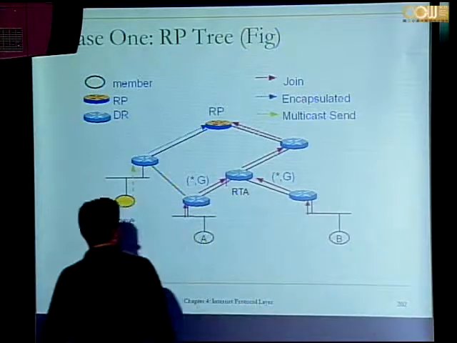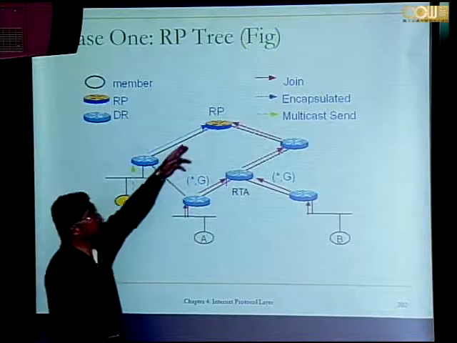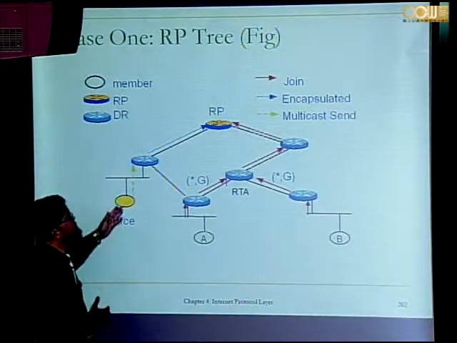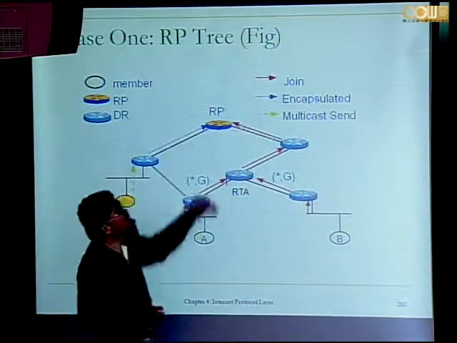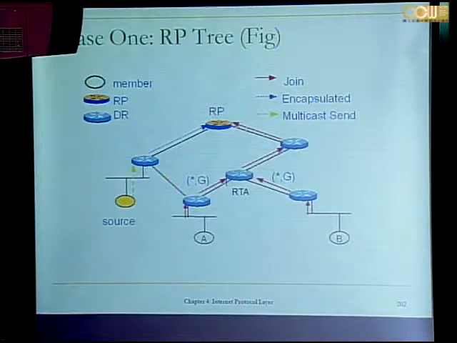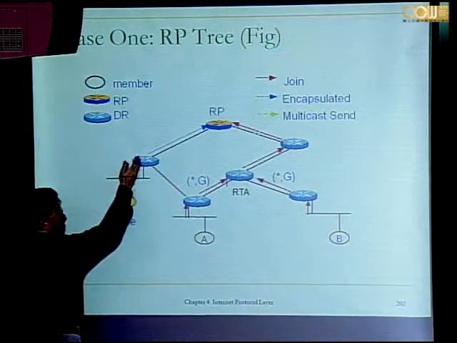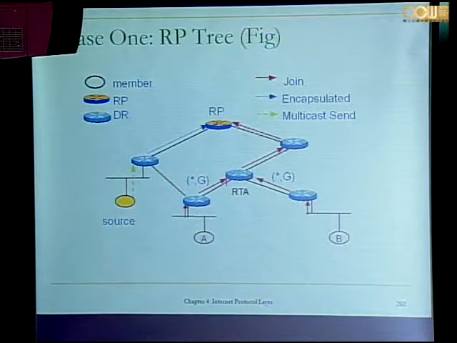Okay, so that's the first thing. This is the root, the rendezvous point, or the root router. You would send a packet to this RP router. The host does not need to worry about that.